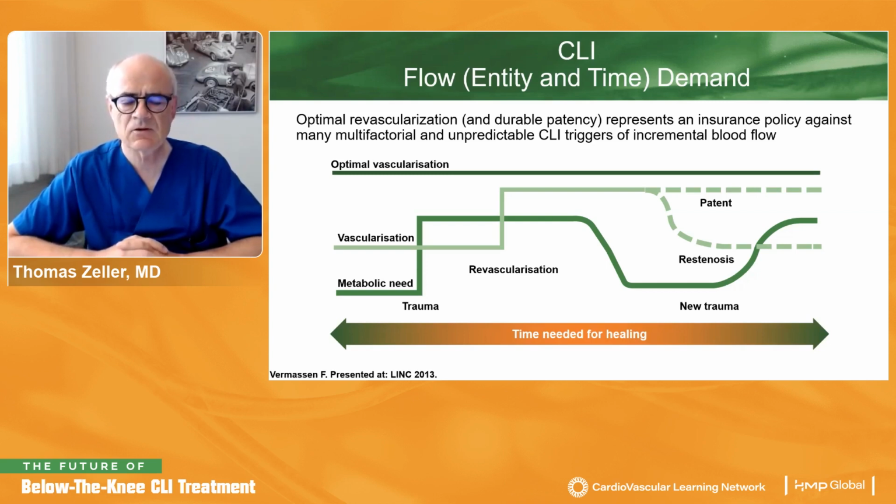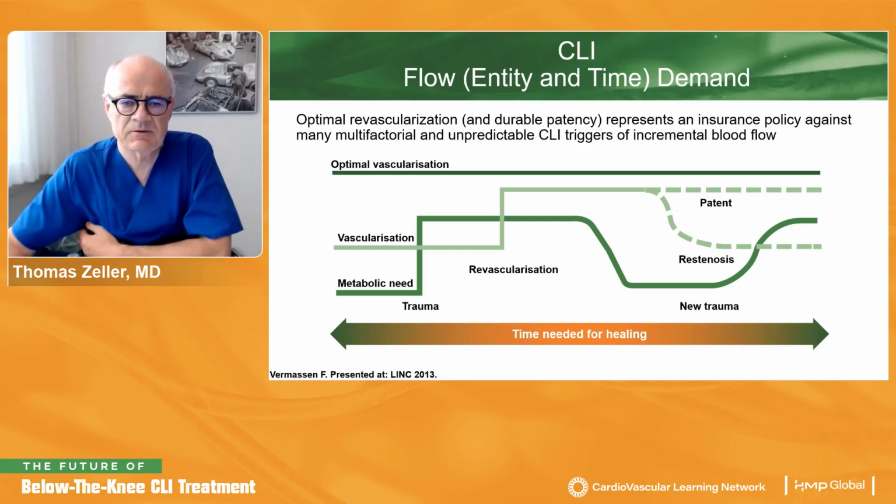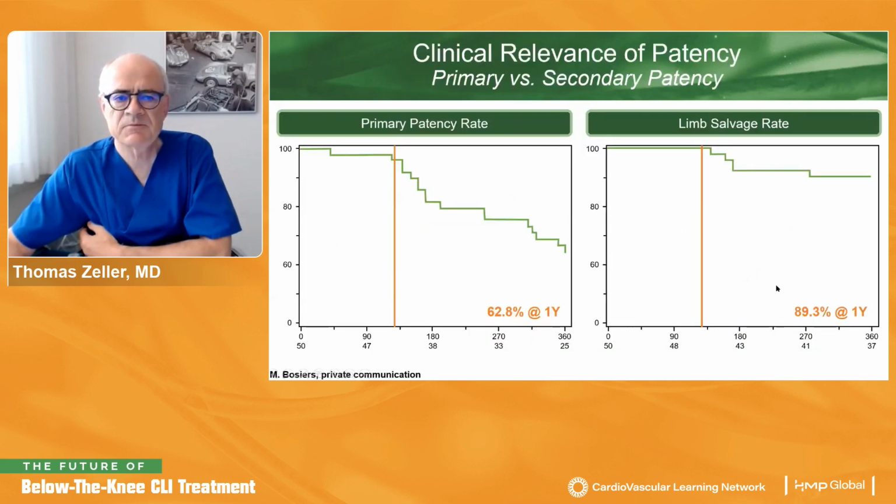So that means that complex wounds, which have a wound healing time of about 6 to 12 months, need a patent vessel for at least 12 months. If after wound healing, the vessel reoccludes or develops a restenosis, and the wound is already healed, most patients are free of any symptoms. We know that the loss of patency is related to limb salvage.